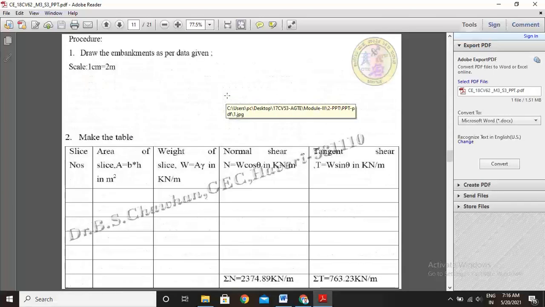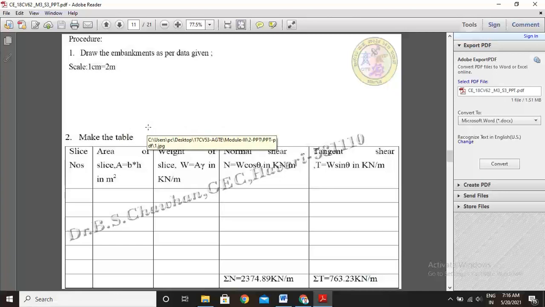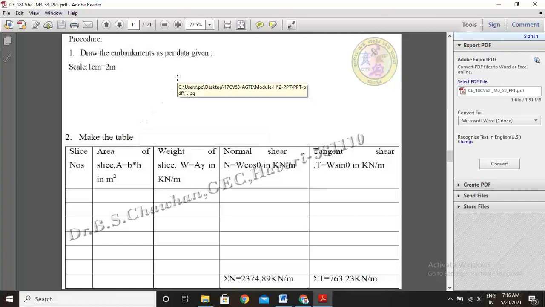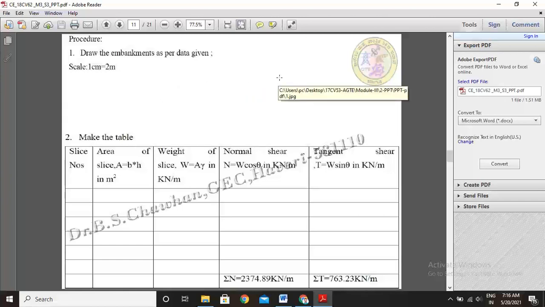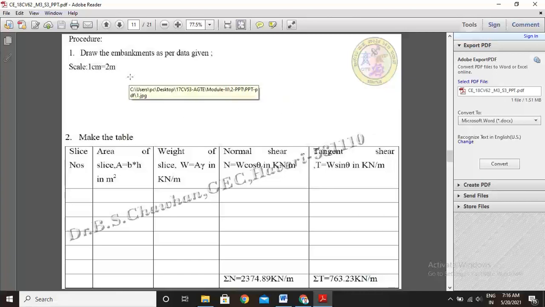Here, draw the horizontal line and select the alpha value based on the slope value, locate the embankment, then draw the top level of the embankment with respect to height. Then locate the O point, take the radius and draw the slip circle.